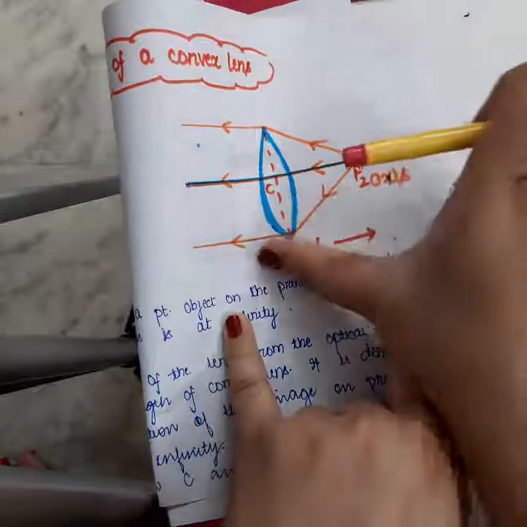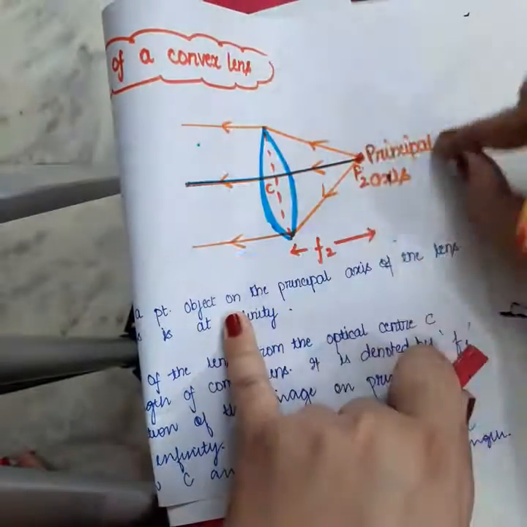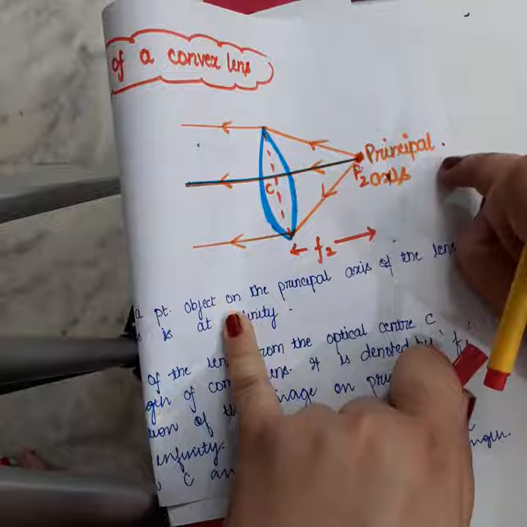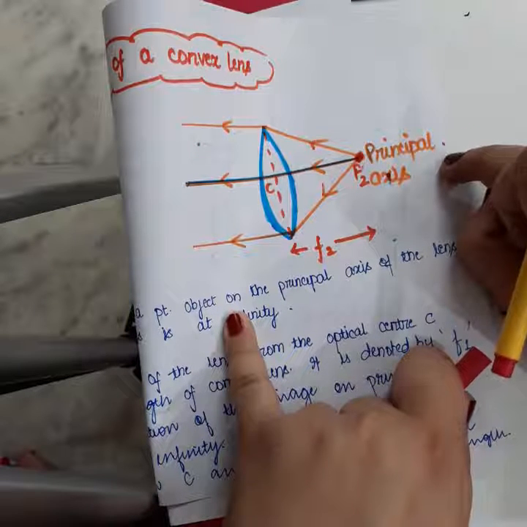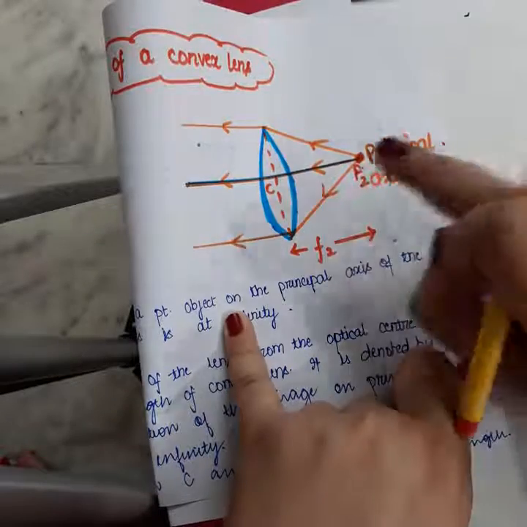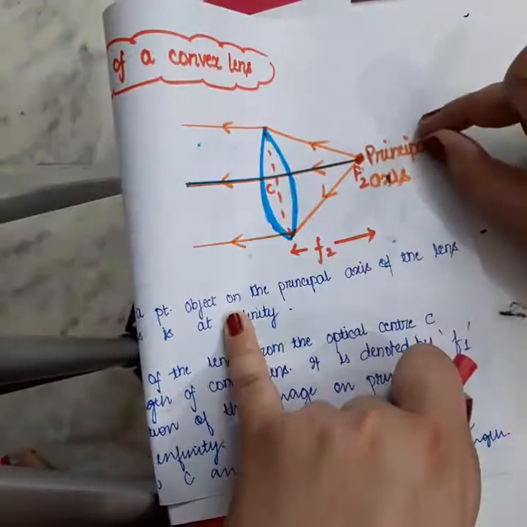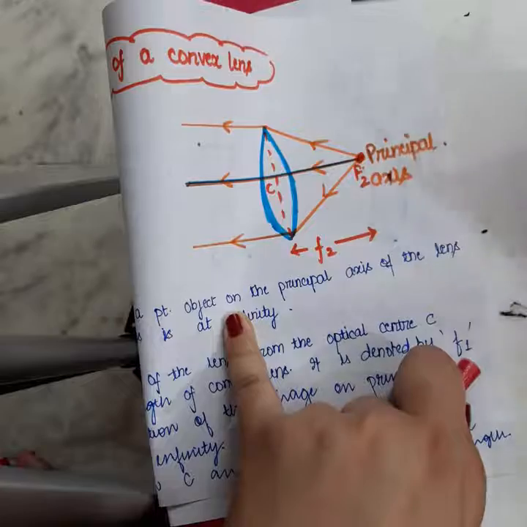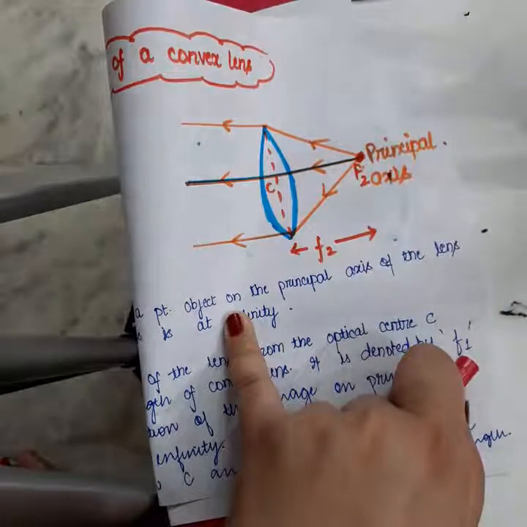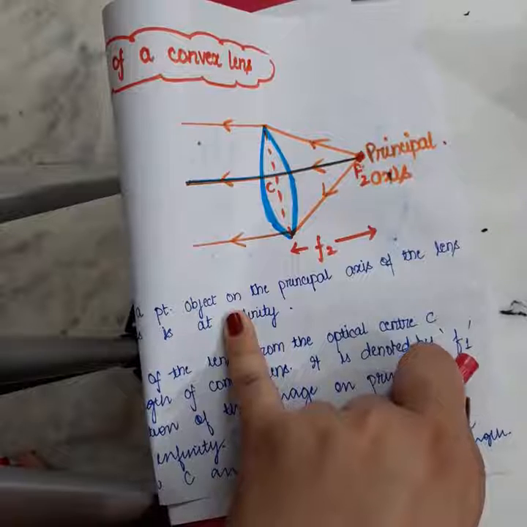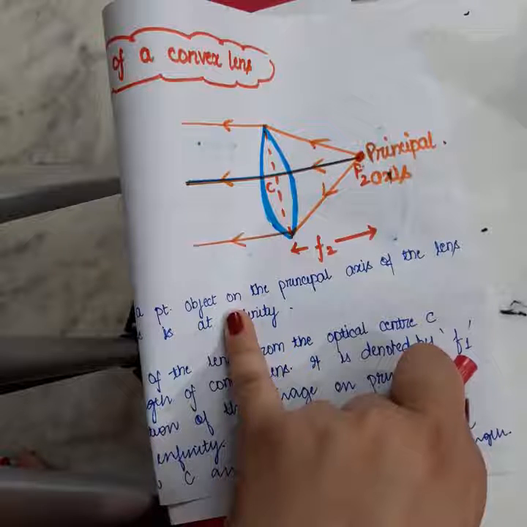If the focal length had been this much, this means the rays would have converged at this point. But this means the rays would have converged very, very late. They would have fallen on the convex lens, but they would have converged after so long. This means the converging ability of this convex lens would not be that much. So this means the power of this convex lens would be less, because power means how able you are to converge the light rays that fall on you.